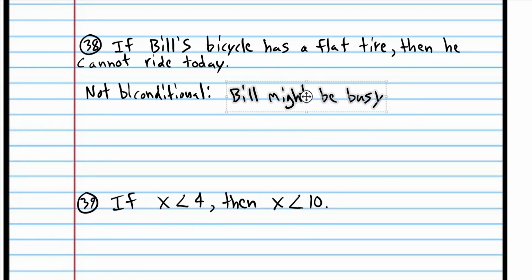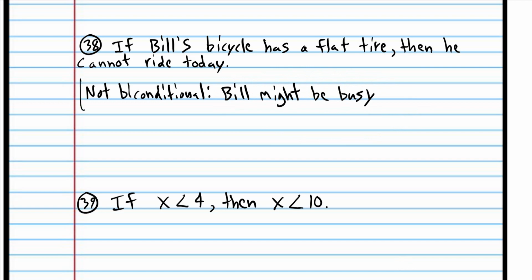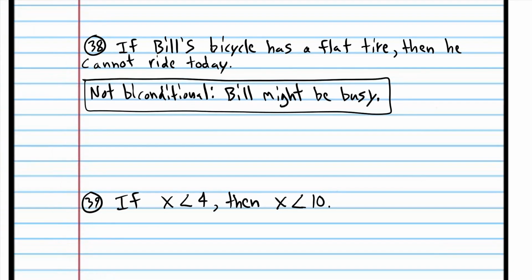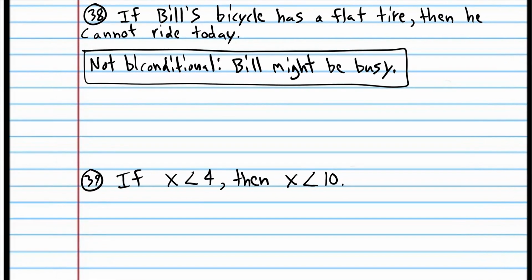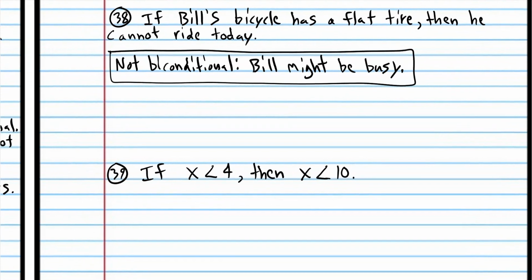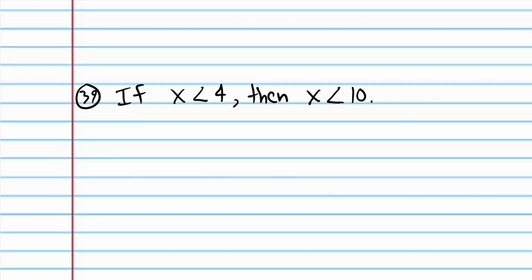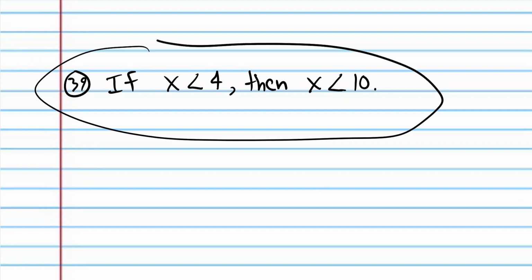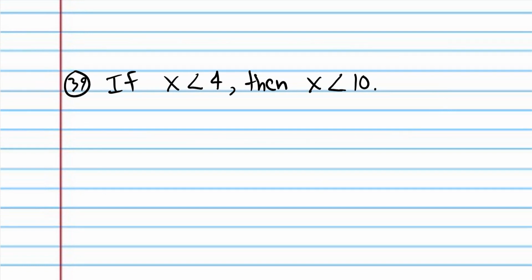So that wasn't really a detailed explanation, but I think you get the point. These are just some problems for you to get a feel of what's going on here. All right, so look at the original statement and the converse of 39 and see if they're both true or if one of them is false. When you come back, we'll do it together.